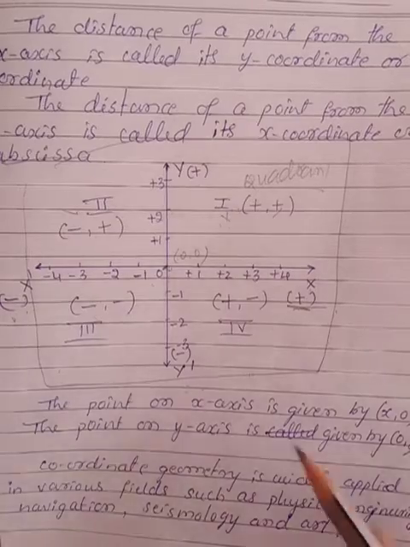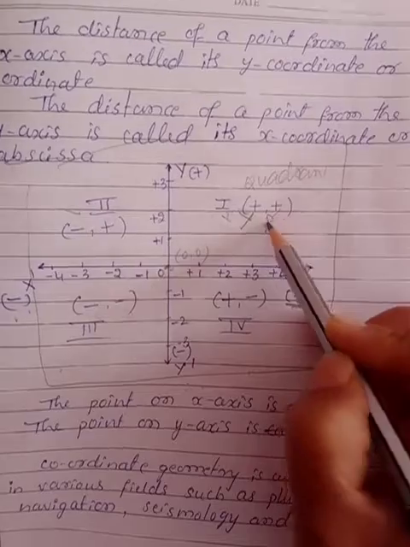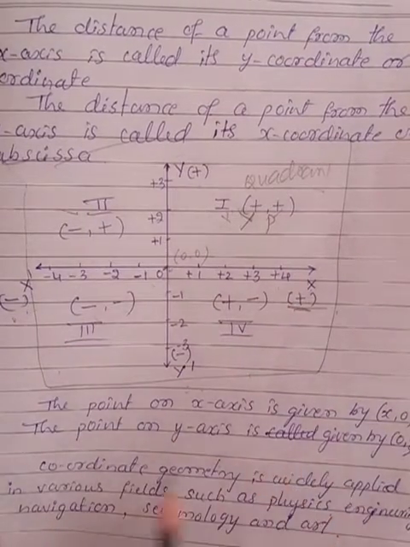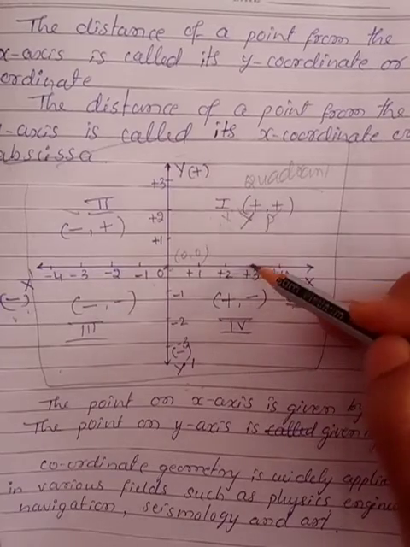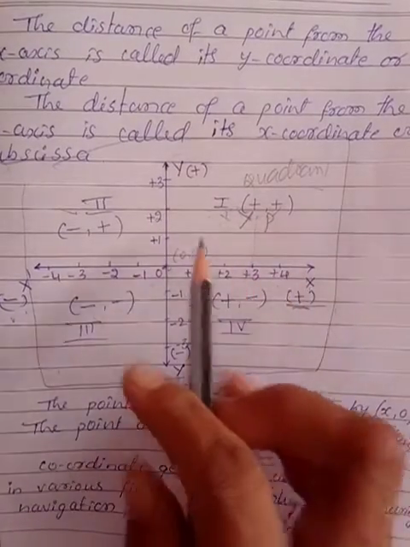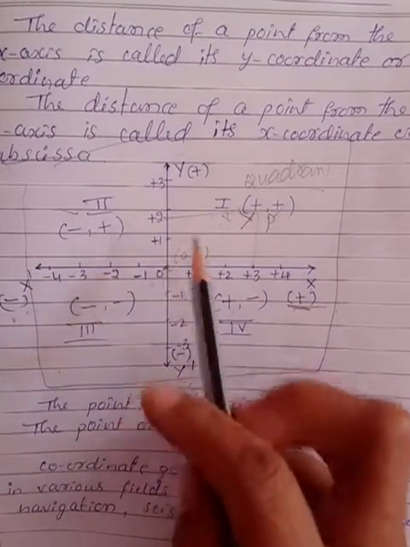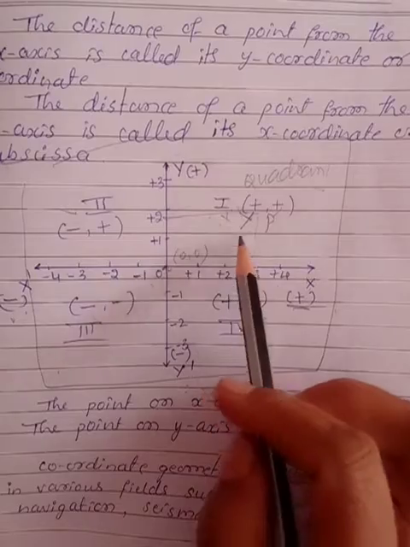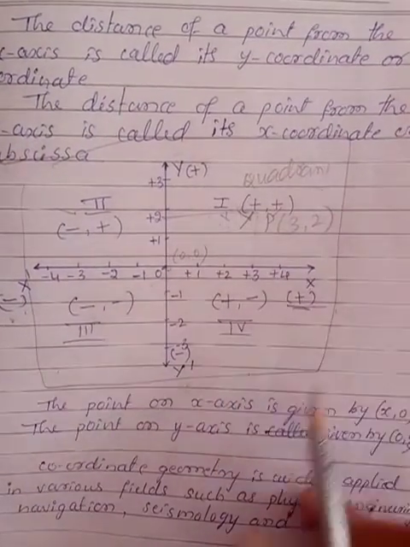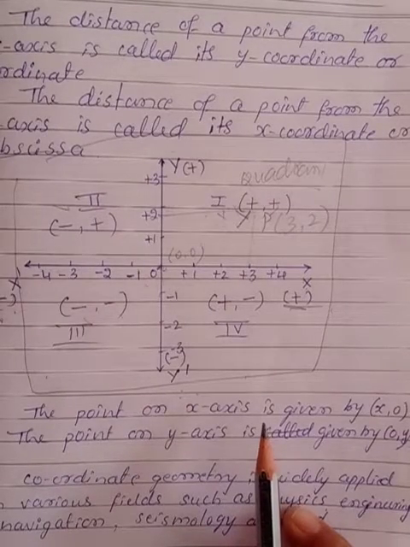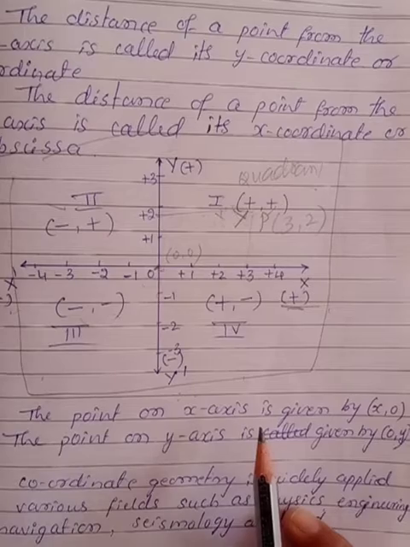Now let us consider a point P here. This point P is 3 units away from 0 along x and 2 units away along y, isn't it? The coordinates of P are 3, 2. Whenever we represent a point, we write the x coordinate first, then the y coordinate.